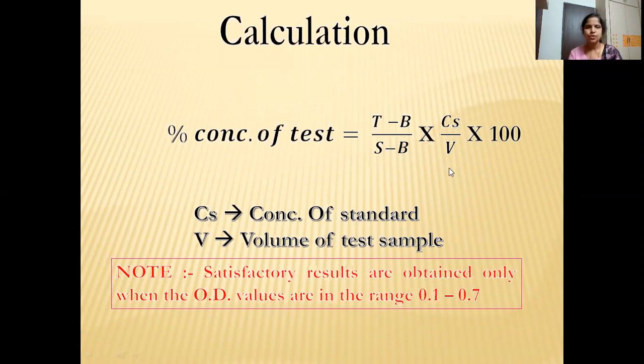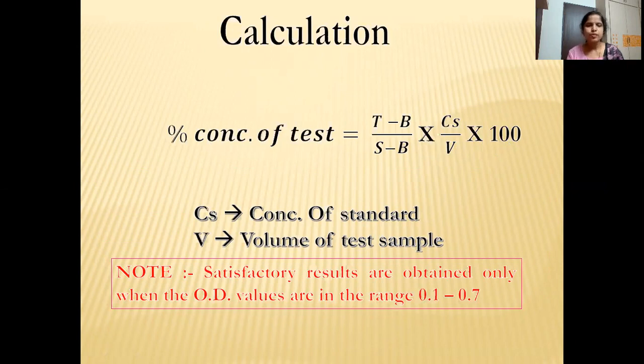CS stands for the concentration of the standard solution, and V for the volume of the test sample. Whatever volume of the test sample we have taken, we substitute here, V into 100. By substituting all the absorbance and the concentration of the standard sample in this formula, we can calculate the percentage concentration of the test solution, that is, the sample solution.